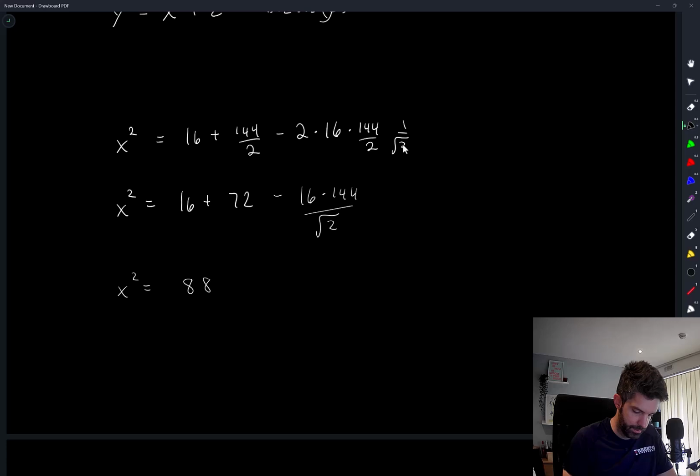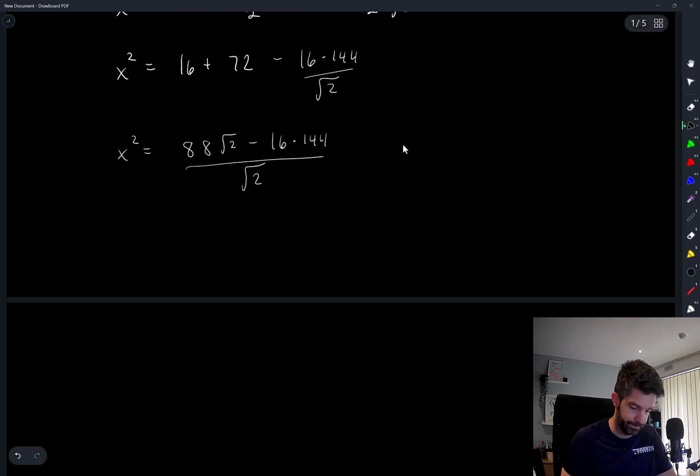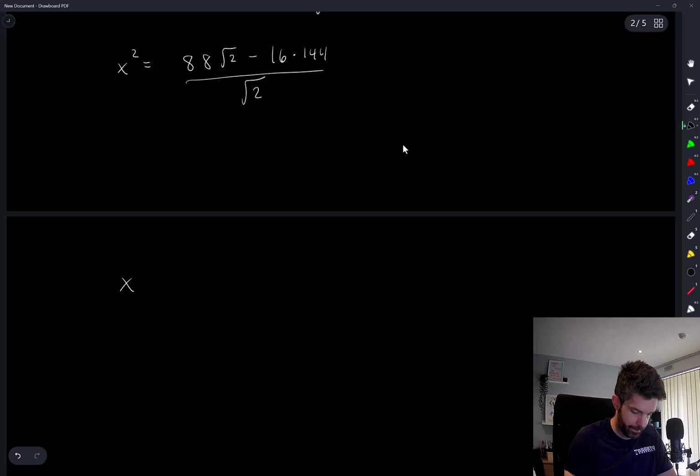88 root 2 minus 16 times 144 over root 2. Multiply by root 2 over root 2. 88 times 2 minus 16 times 144 root 2 divided by 2.